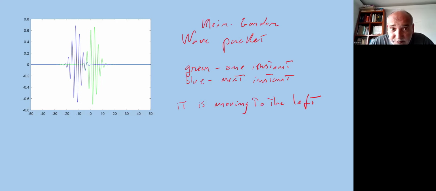So, for fun, I constructed a Klein-Gordon wave packet and plotted it. Here you have it moving to the left. At one instant it is green, at another instant it is blue, okay? And then I computed the energy using the two energy momentum tensors.